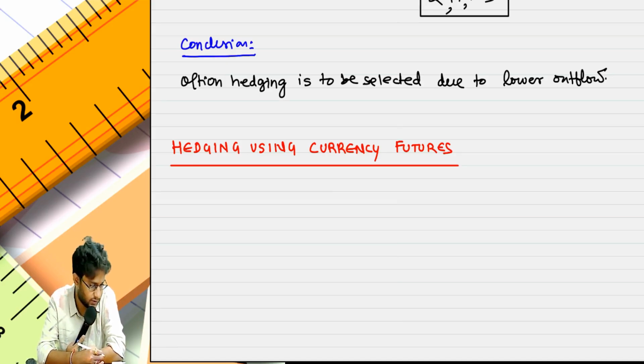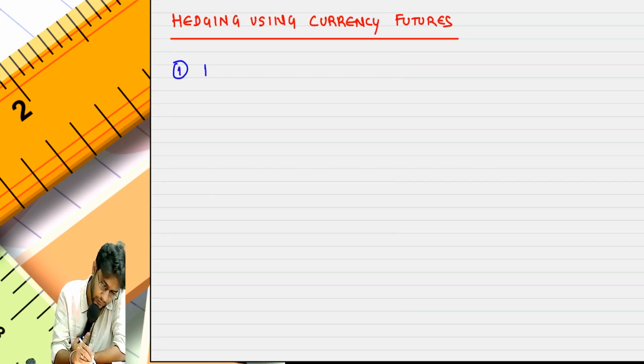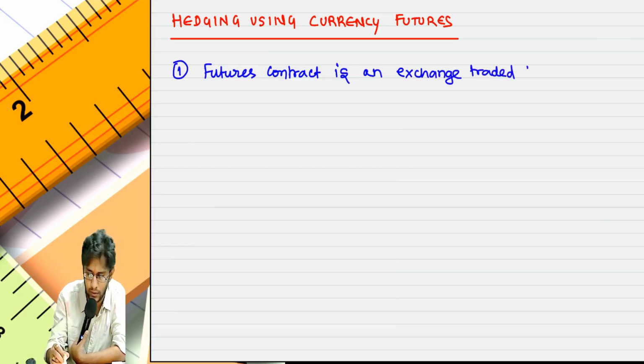Write five or six points, then we'll go and do a few questions. Futures contract is an exchange traded contract.